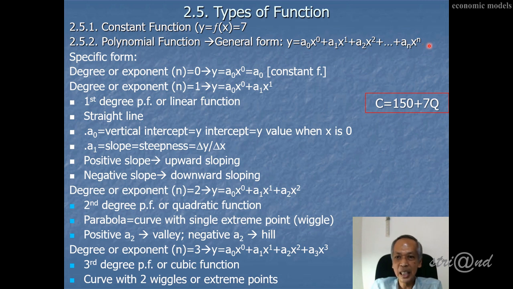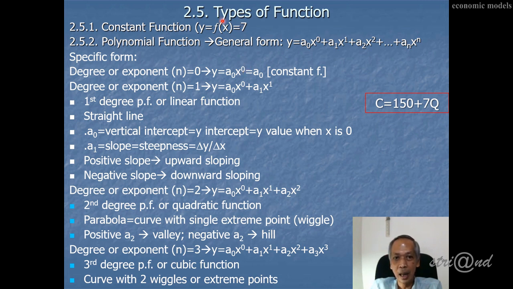Perhaps it can be clearer if we start to discuss some types of polynomial functions. If the n here, the highest degree of x, or the highest exponent of x, is 0, what we will find is a constant, because any number to the power of 0 will be equal to 1.